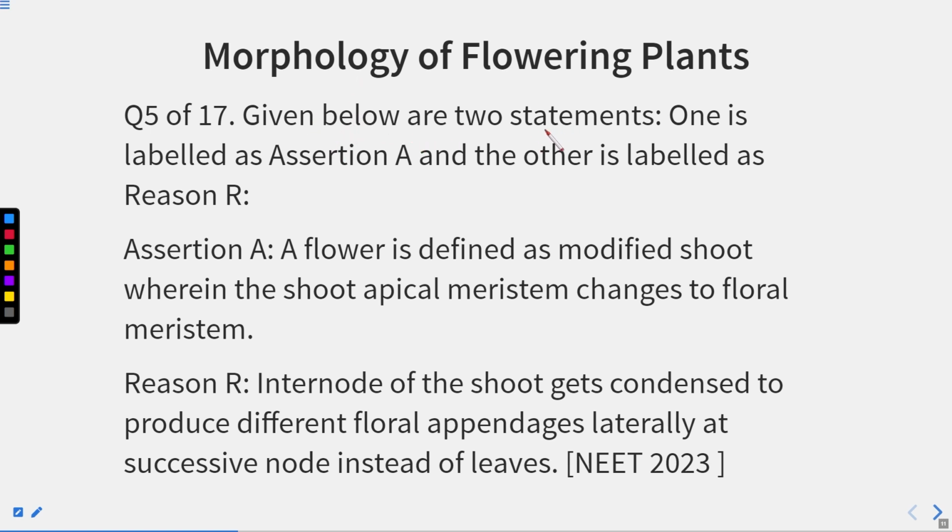Here they are saying, given below are two statements. One is labeled as assertion, another is labeled as reason. The assertion says a flower is defined as a modified shoot, wherein the shoot apical meristem changes to floral meristem. So this is true. We know that a flower is a modified shoot, and the shoot apical meristem changes to floral meristem.